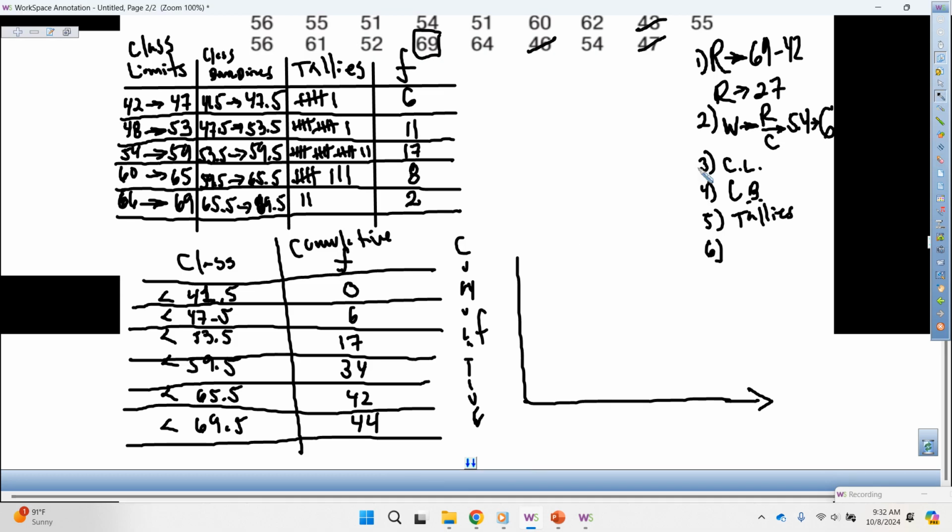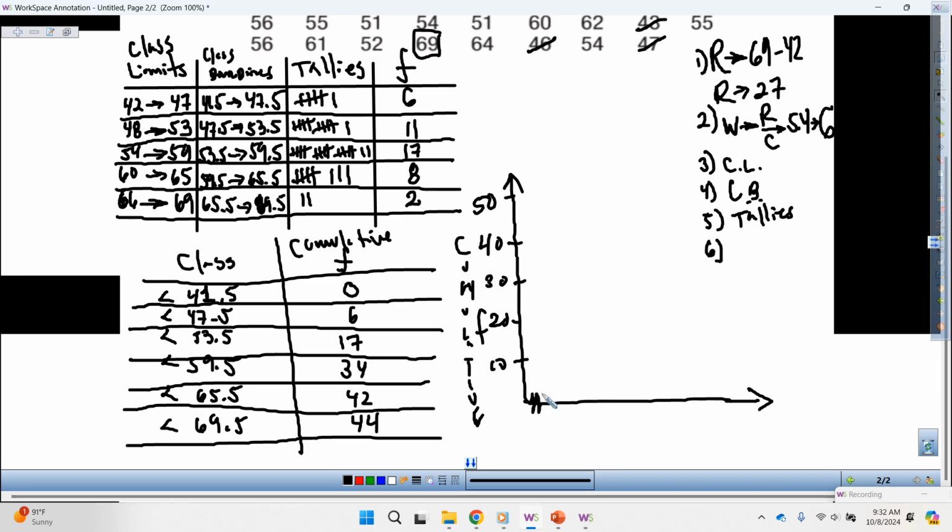All right, so let's go by tens. 10, 20, 30, 40, 50. And then over here we start at the wiggles. And then we got 41.5 to 47.5 to 53.5 to 59.5 to 65.5 to 69.5.